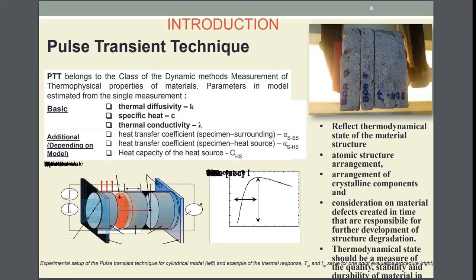So the main principle of this method is that you will have samples, maybe two or three, and if you see here, they're cylindrical samples, and there will be a heat source. And in this transient method, the heat is passed through this heat source, and depending on the nature of the material, the heat will penetrate inside the sample.